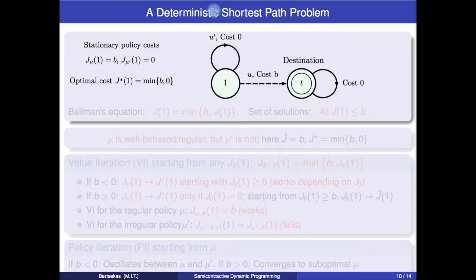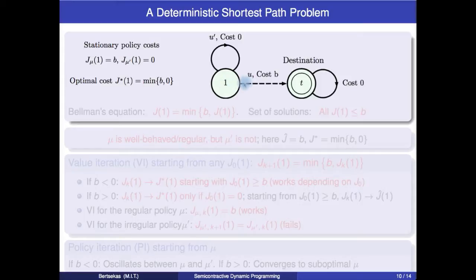Okay, so let us now consider our first example. This is a deterministic shortest path example involving this very simple graph. There's a single node, node 1, and also the destination. If you reach the destination, you terminate and stay there at cost 0. At node 1, you can choose one of two actions.